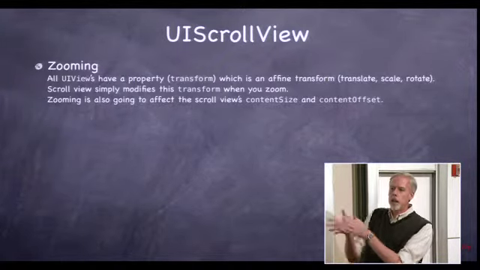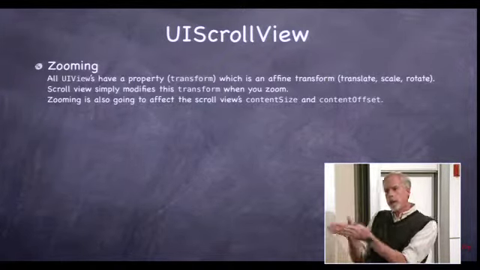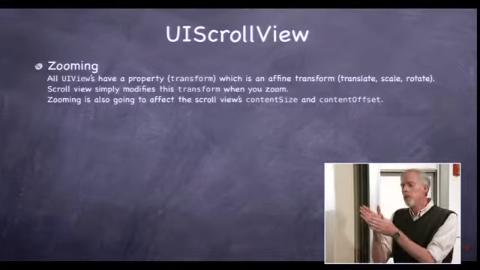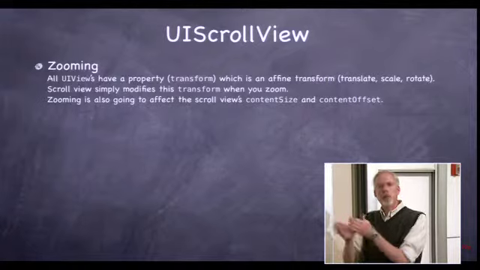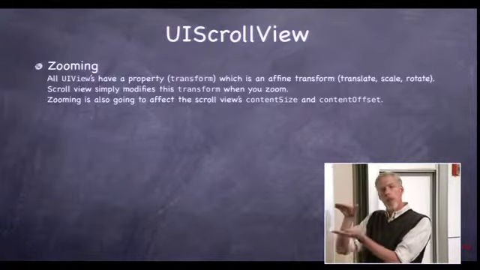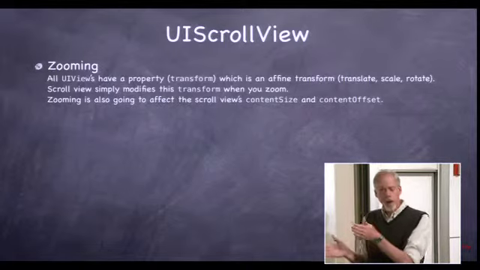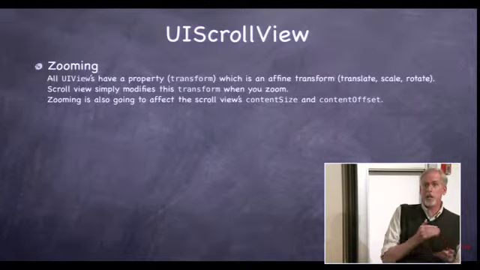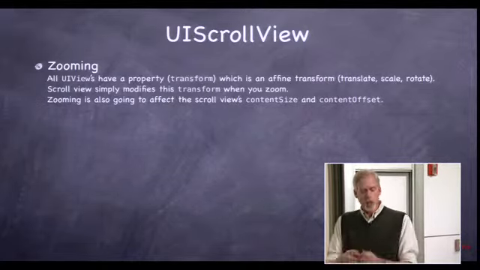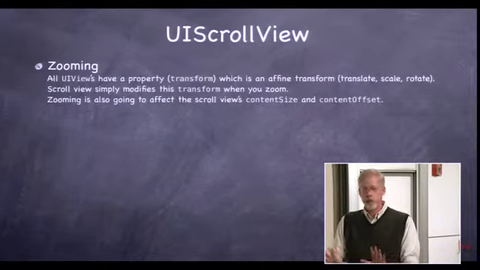If you rotate it, it's rotating the bits. If you translate it, it's translating the bits. So this is just bit movement. Normally we don't do that because that's usually not what we want. Maybe we want that for translate and possibly for rotate too, but for scale we often don't want that. But understand that that's what UIScrollView is doing when it zooms, is scaling the bits, because it's just setting this property. That's all it does.